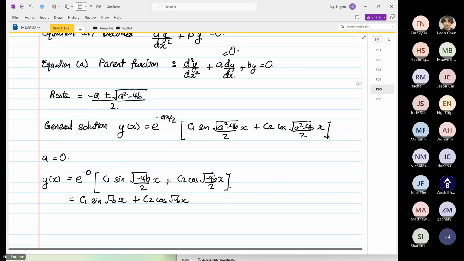Okay. So what is going on now is it's impossible to have a negative within a square root. So that's where we know that this has complex conjugate roots now.